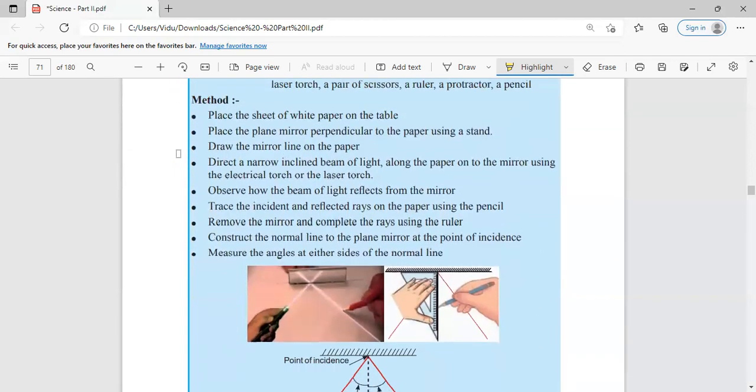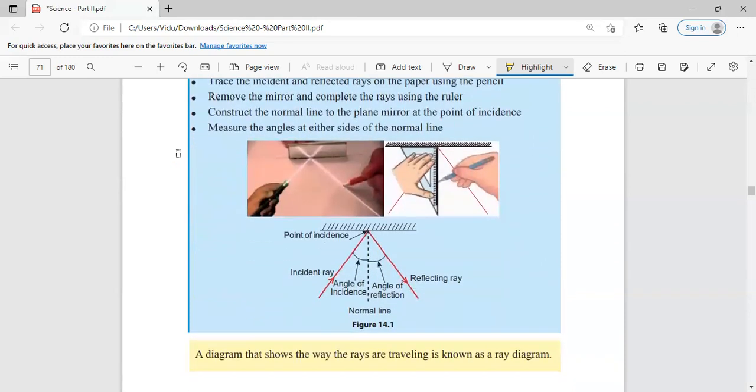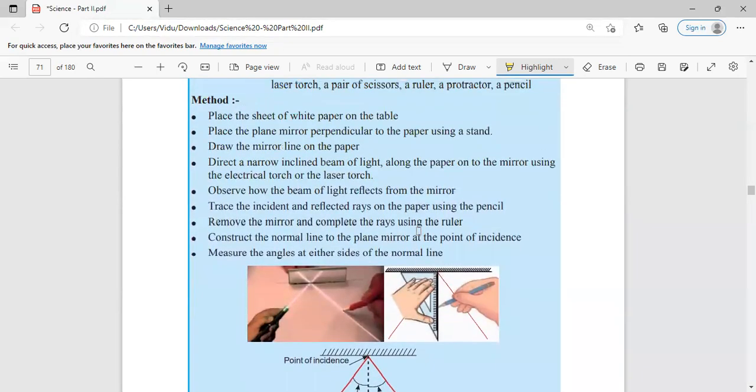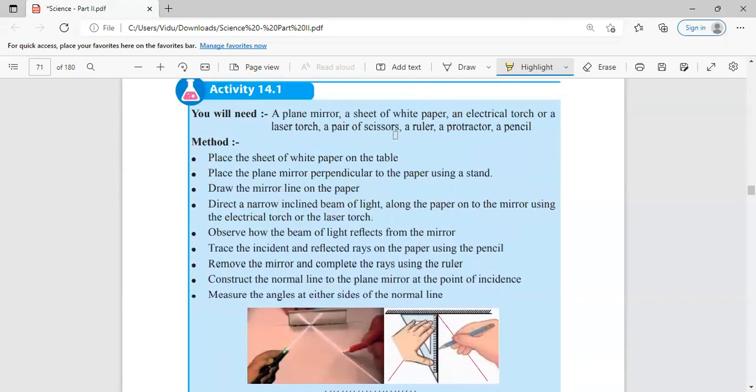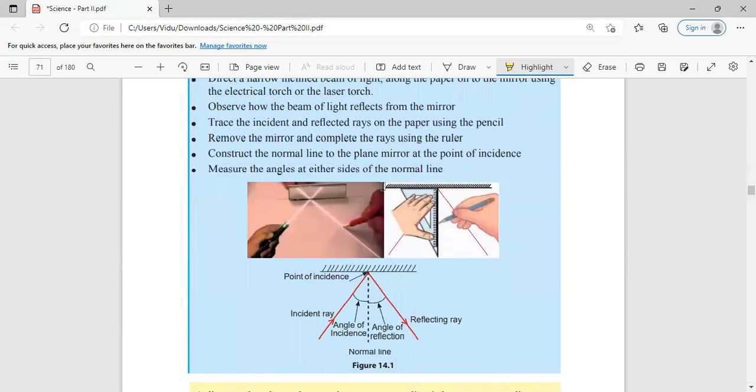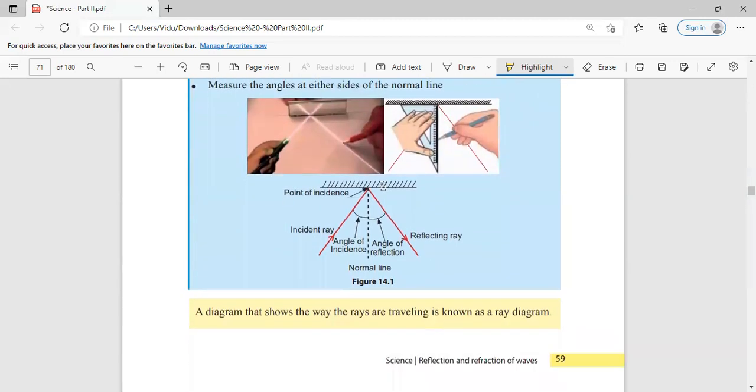In this activity, you are going to prepare a sketch like this with a plane mirror, a sheet of white paper, an electrical torch or a laser torch, a pair of scissors, a ruler, a protractor, and a pencil. So after doing this activity, you are getting this figure.